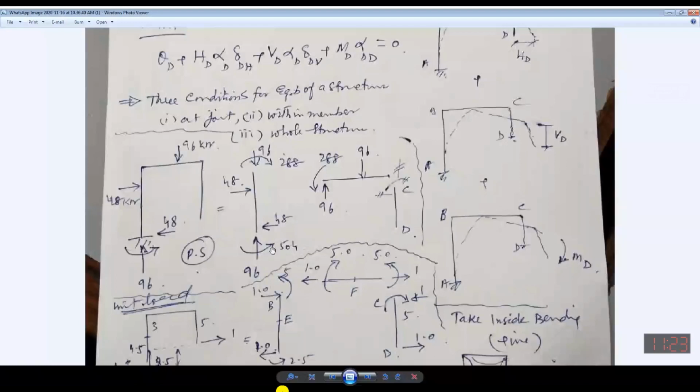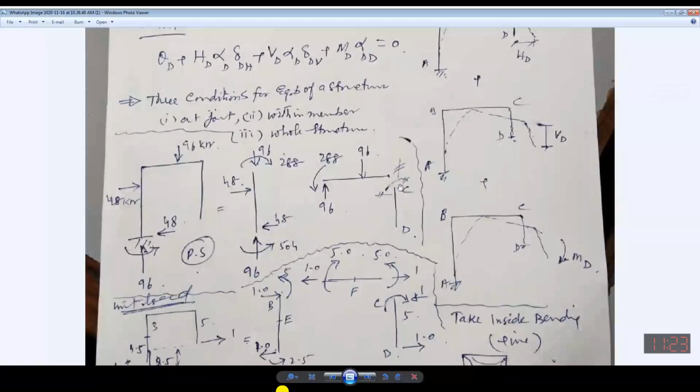Or if you see the effect at this point, then the effect of these forces will be 288. Now, if I consider this joint, you can see 288 in this direction, 288 in this direction. This is downward, this is upward. So balanced. Similarly, for this member, 96 downward, upward. And if I talk about the 288, 96 into this distance will be 288.